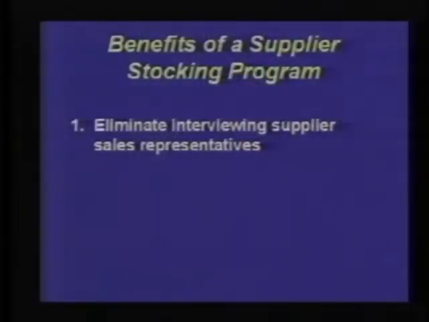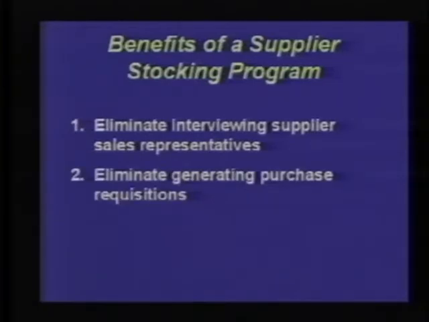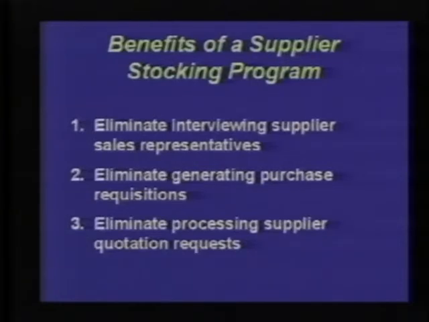So irrespective of whether the supplier has the material in his or her house, or whether it's in your house, the benefits as outlined in page 41 are the same. You want to eliminate interviewing sales personnel, which is really a benefit to the supplier. Eliminate generating purchase orders, which is a benefit to you. We're going to eliminate processing supplier quotations unless those are brand new items through the new item notice system.